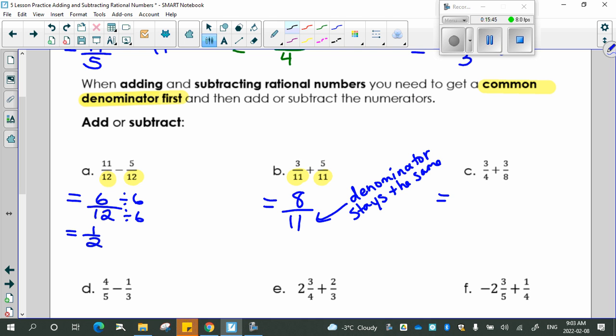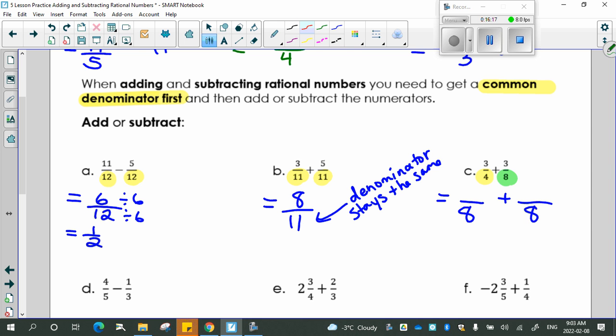Okay, now we've got 2 different denominators. One's 4 and one's 8. So this is the first time we have to think about getting a common denominator before we add or subtract, in this case add. So does someone know what the common denominator would be? Yeah, 8, because 4 goes into 8. So you try your calculator, 8 divided by 4, and it goes in evenly, so they're going to both be out of 8.